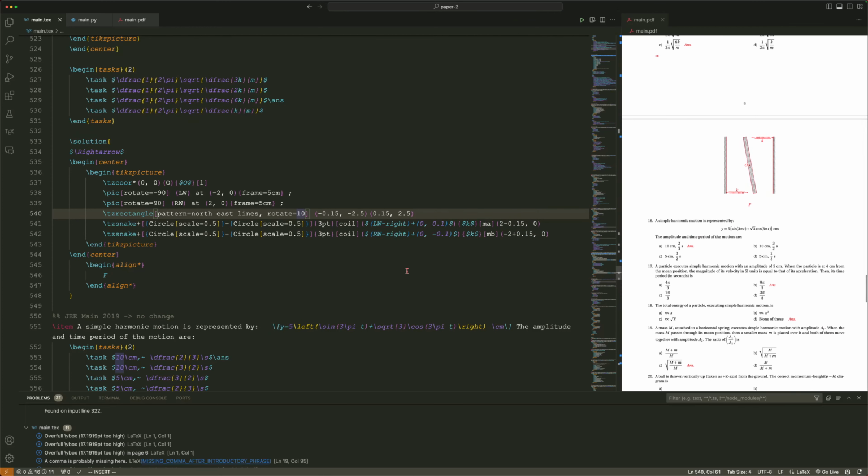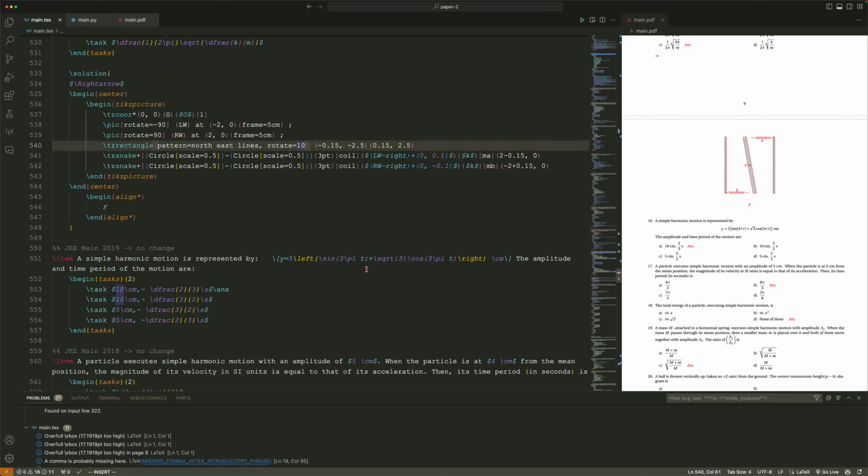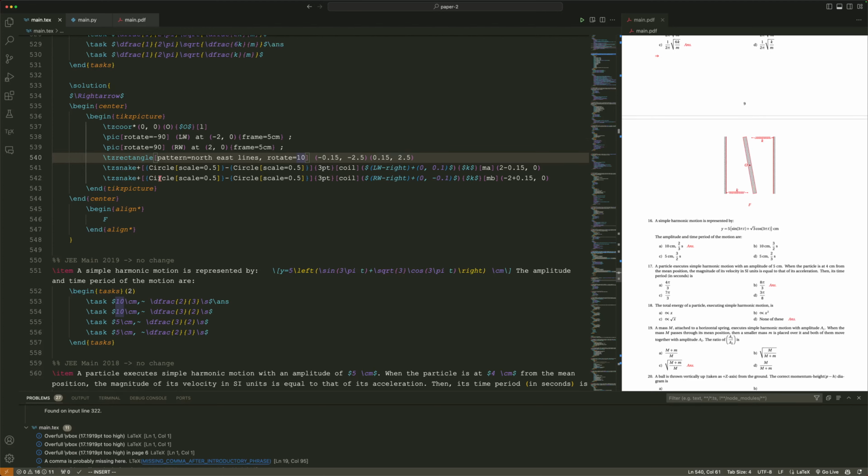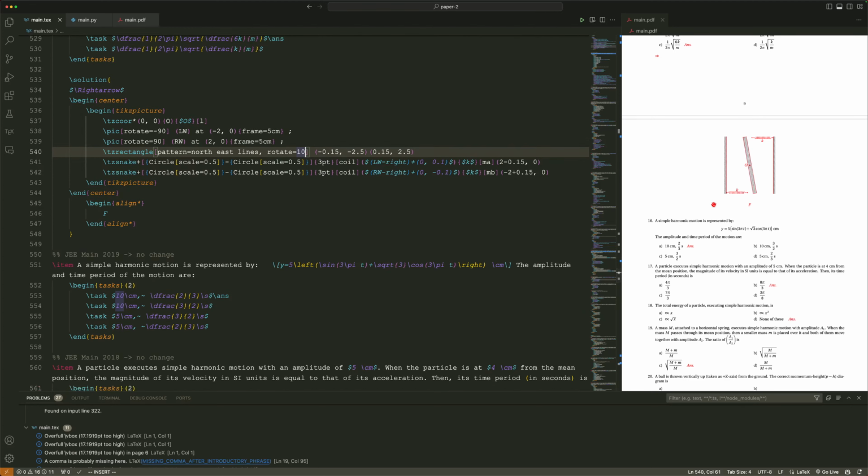So let's think what we can do here. We want to connect this snake part. A snake is a kind of a spring here. This snake part, we are going to join to the rod end. So what if we replace this rectangle thing with a node? Then after we can, I don't know what to do here.